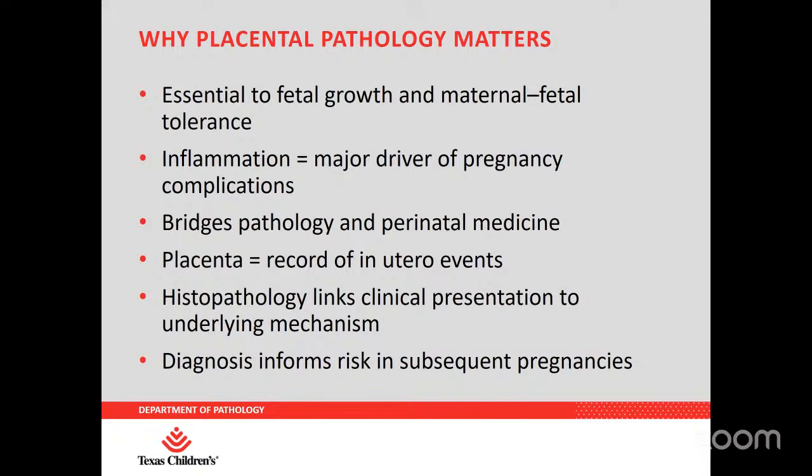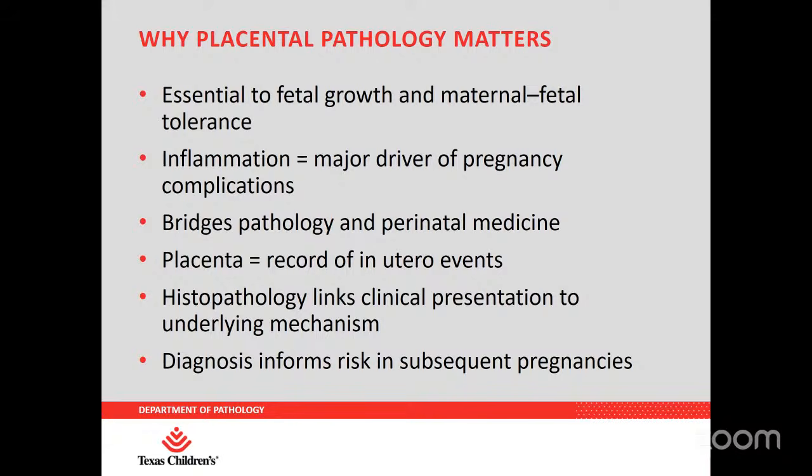And this dual role explains why inflammation, whether it's infectious or immune-mediated, can have profound implications for both the mother and the fetus. So the placenta is essentially the diary of a pregnancy. It records everything that happens in utero. And when we examine it, we're not just reviewing tissue, we're reading the story of that pregnancy. And inflammatory lesions can be among some of the more informative, helping us explain cases of preterm birth, fetal growth restriction, or stillbirth in some cases. So recognizing these acute processes accurately is vital for helping to guide clinical care and for understanding the pathophysiology of adverse pregnancy outcomes.